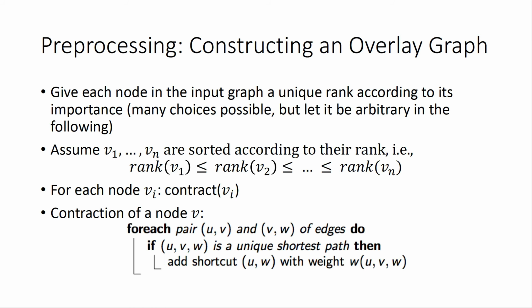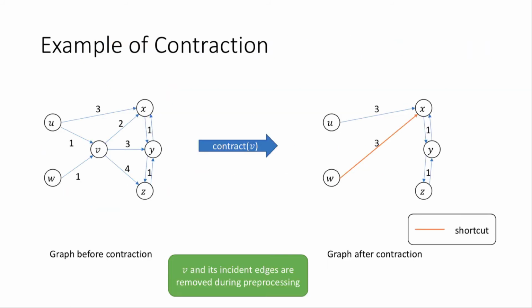So this is fine. We don't need to add this edge. We could do it, it doesn't make it incorrect, but this is already length 4. Same here, length 5, but there is length 5 over here as well. The result of this contraction step looks like this over here. Okay? One shortcut added, all of the other edges removed.